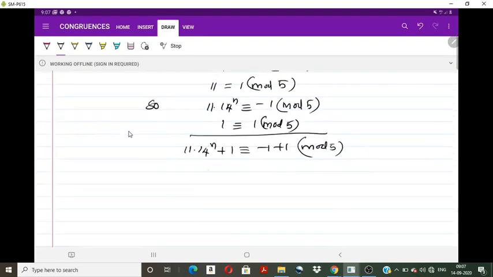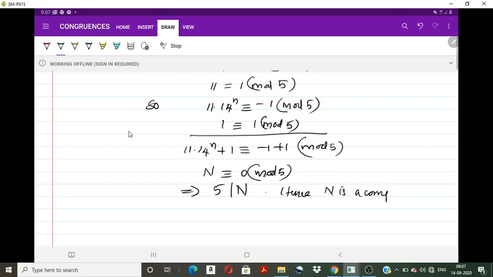That is, capital N is congruent to 0 modulo 5, which implies 5 divides N, which implies N is a composite number. 5 is a divisor of N. So in both cases, we have seen that N is a composite number.